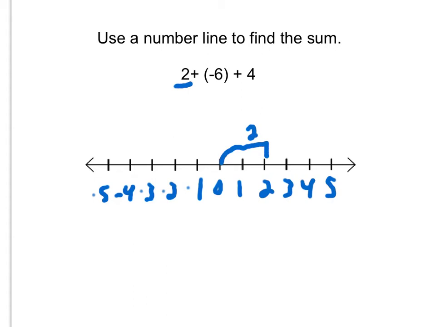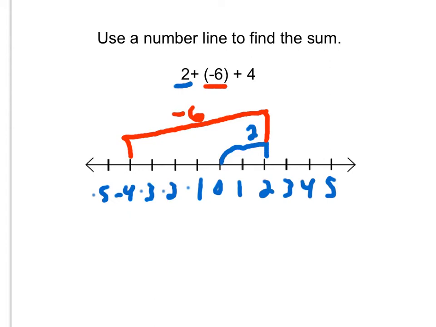Then, from where I left off, I need to travel in the negative direction 6 spaces. Okay, that's what -6 means. It means I'm going to travel in the negative direction 6 spaces. So from where I left off, I'm going to travel 1, 2, 3, 4, 5, 6 spaces in the negative direction.